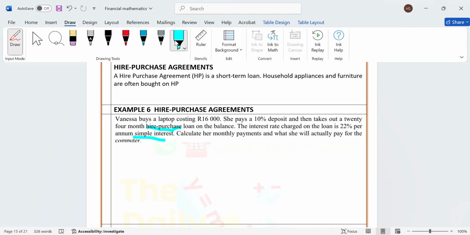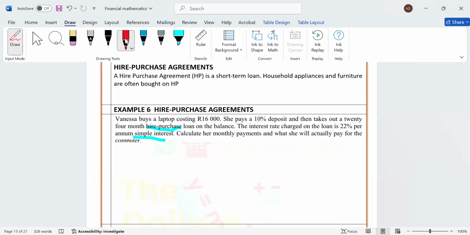We want to know the monthly payments. She's not going to take out a loan of 16,000, because she's paying a 10% deposit. In accounting, if we are paying 10%, all in all we have 100%, so 90% is still owed.